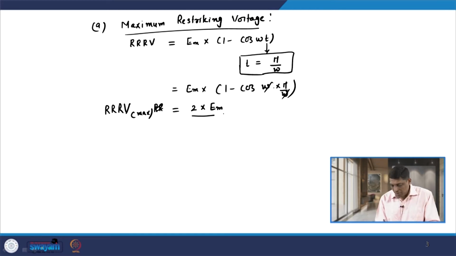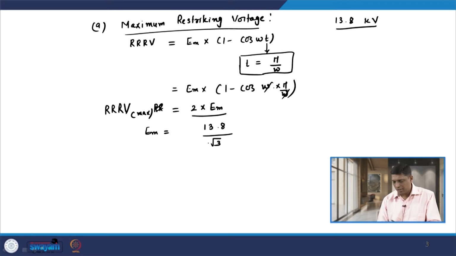Now what is EM? The 13.8 kV is the voltage rating of the generator that is given. So this is line voltage. Let us divide it by root 3, so it becomes phase voltage, and to get the maximum value EM we multiply it with root 2. So your EM becomes 11.27 kV.